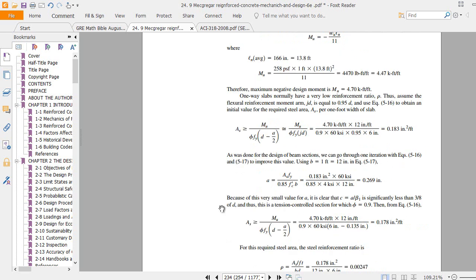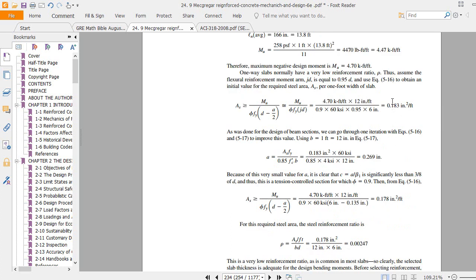Now steel is calculated. Next we have to calculate a, as As fy divided by 0.85 fc' b. Why are we calculating this a? To check the yielding of the steel, to check whether the section is tension controlled or compression controlled. So to check the section we calculate c, that is a divided by beta 1.